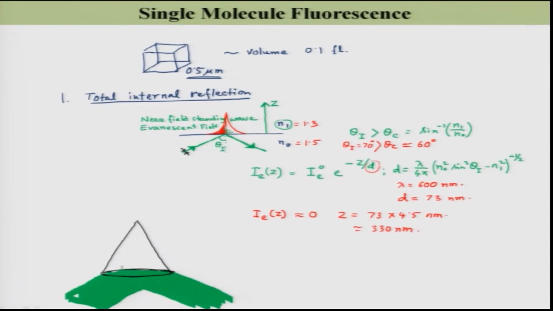So, what you are going to see is this is your spot size, and because of this you are going to get this evanescent field. The evanescent field will decay exponentially this way. That means above this interface the field exists in this region; this field does not exist below the interface.